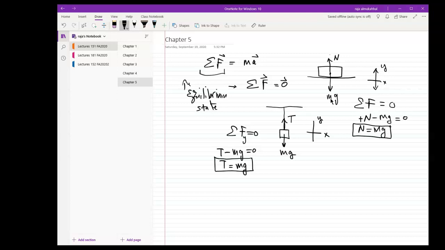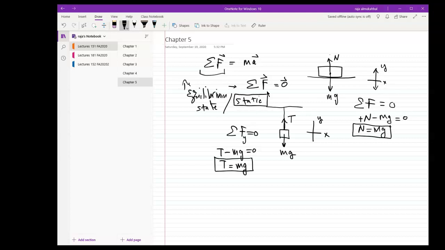Now, when you deal with a system where the sum of the forces is equal to 0, we call that equilibrium, and we say that the system is in a static situation. That's another word, okay? So we have an equilibrium state, or we have static, which is versus dynamic.